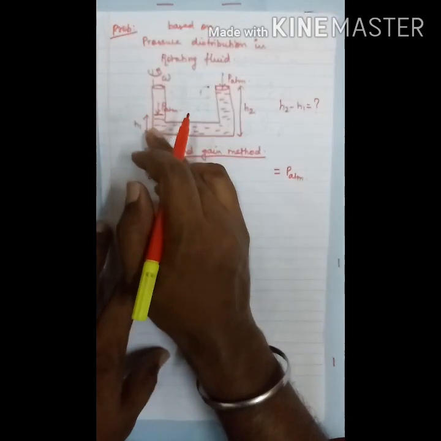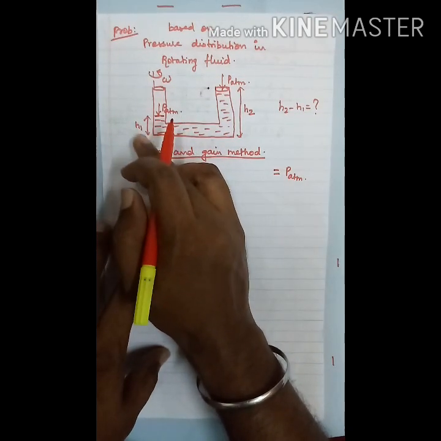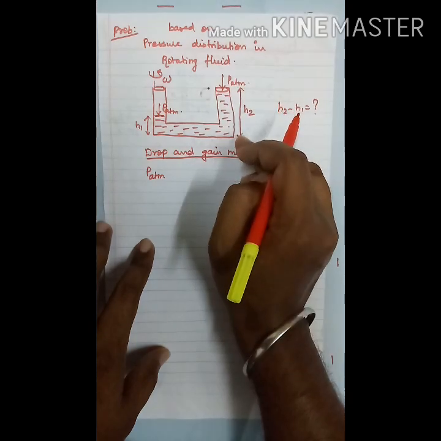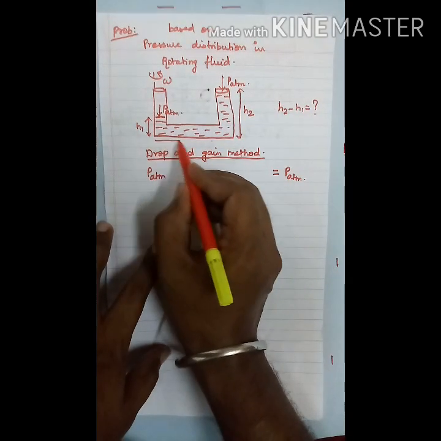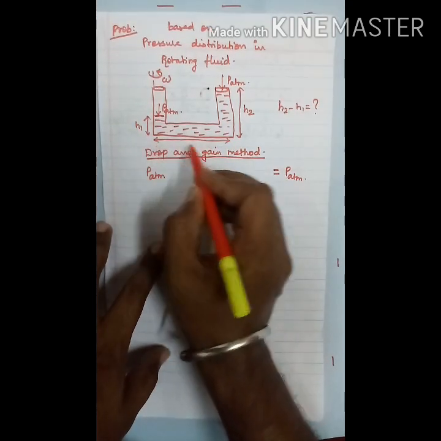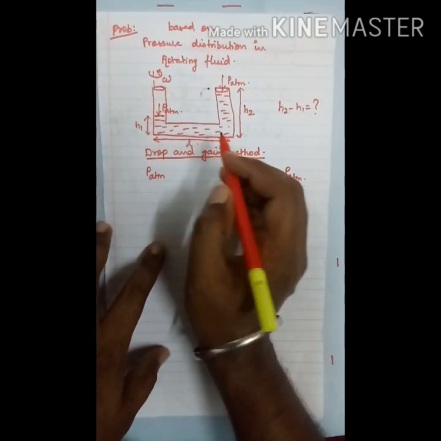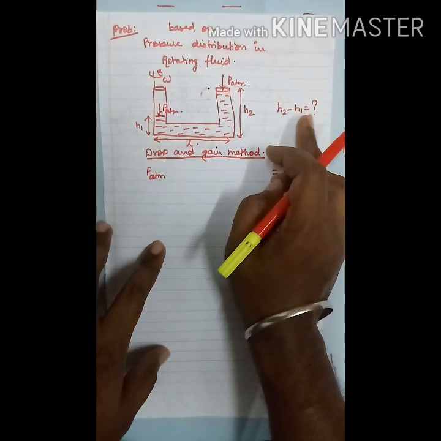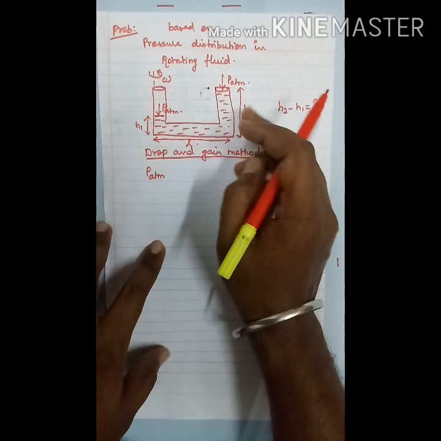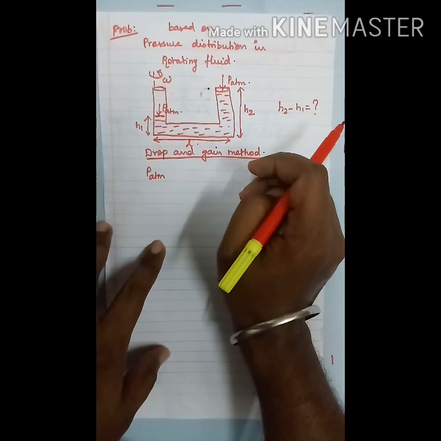In this limb the height of the liquid column is h1, and in this limb the height of the liquid column is h2, and this side has a length L. The question is to find h2 minus h1, that is, the difference in the height of the two limbs.